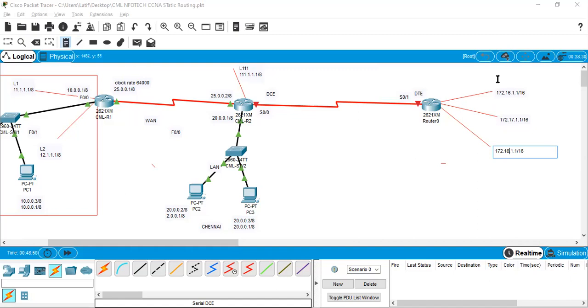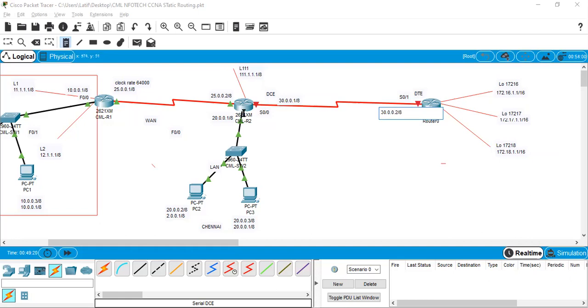So I'll put the loopback name: loopback 172.16, loopback 172.17, loopback 172.18. You can put any name, any number. So you'll get a new loopback. So this interface IP, let's say 30.0.0.1/8, and this is 31/2.